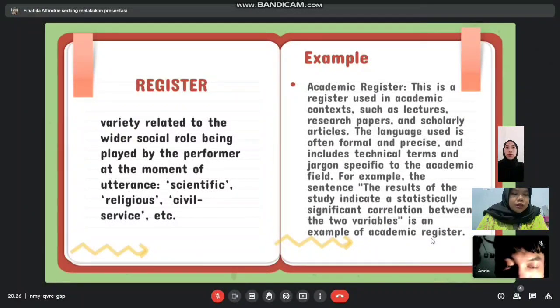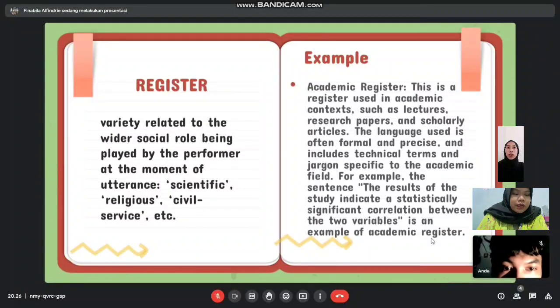This is a register used in academic contexts such as lectures, research papers, and scholarly articles. The language used is often formal and precise and includes technical terms and jargon specific to the academic field.